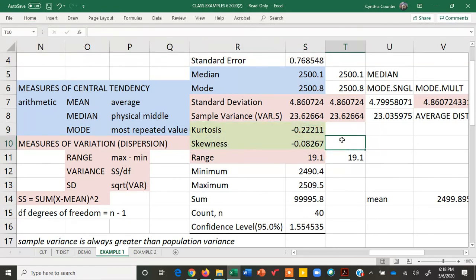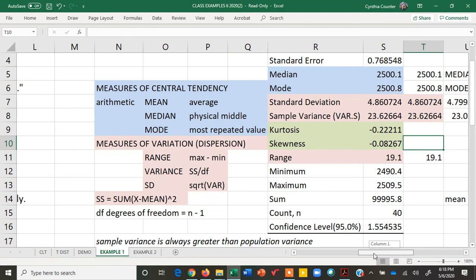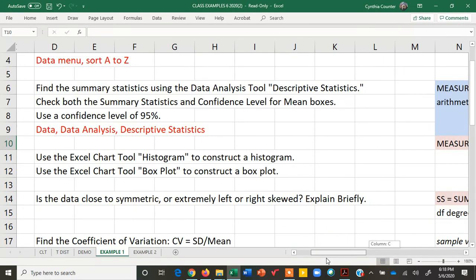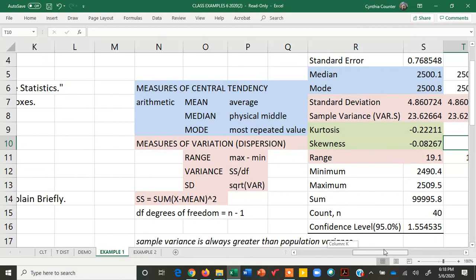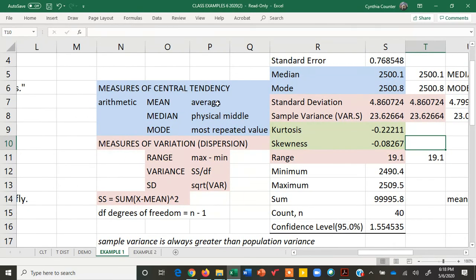I hope this video was useful. You know how to sort your data. You know how to get the data analysis tool and find your summary statistics using the Descriptive Statistics tool from your data analysis package. I've described most of the output, the measures of central tendency and the measures of variation. If you're wondering about the standard error, we'll talk about that when we talk about confidence intervals, because that's related.